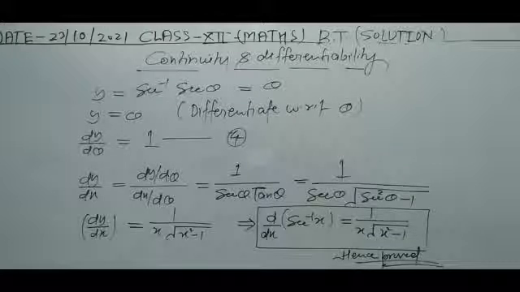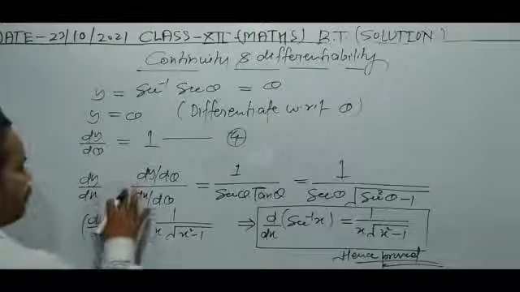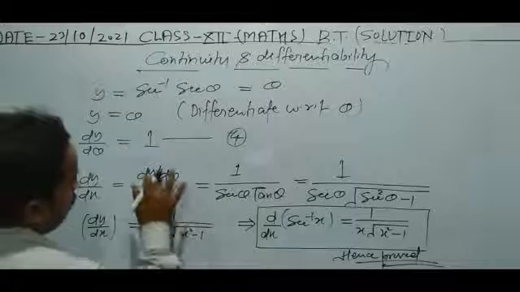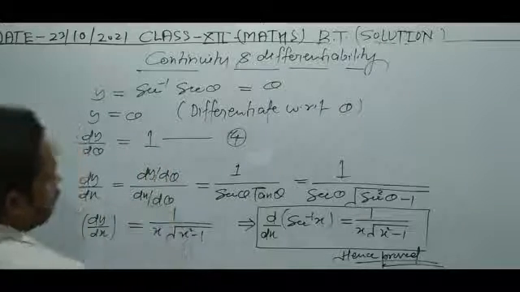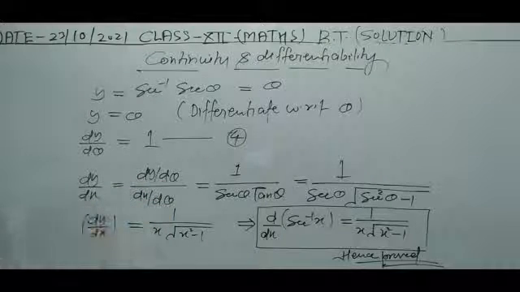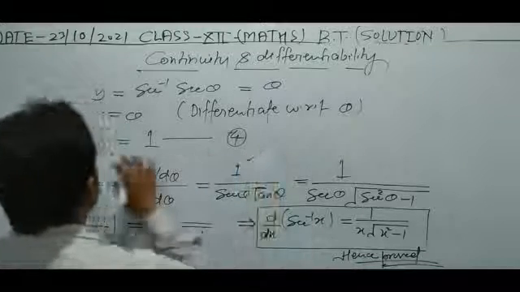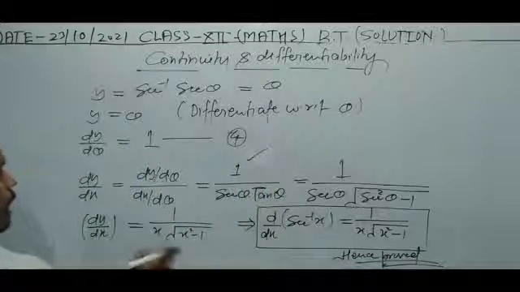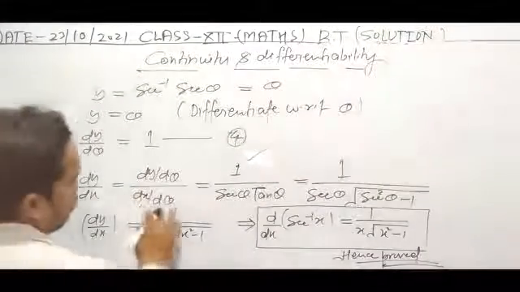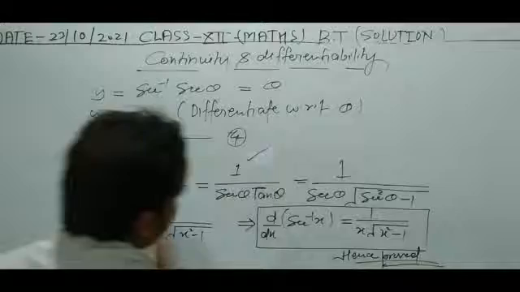Now in dy by dx format we can write dy by d theta whole upon dx upon d theta, and d theta will cancel out, you will get the same result dy by dx. So dy by d theta result is 1, from equation 4. And from equation 3, dx upon d theta result is sec theta into tan theta.